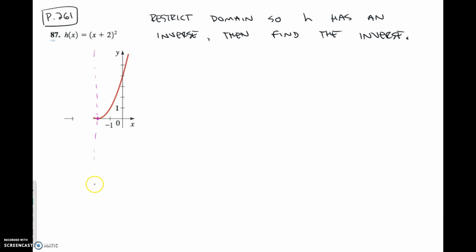So that means if I restrict the domain, that basically makes the function h of x equals (x plus 2) squared, x is greater than or equal to negative 2. So the domain of the original function is negative 2 to infinity.